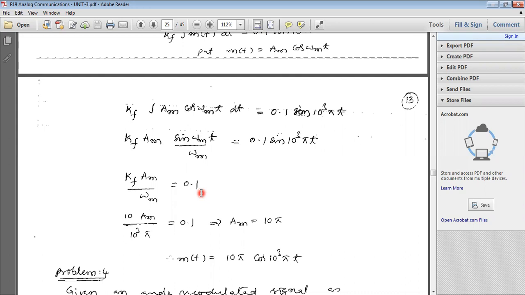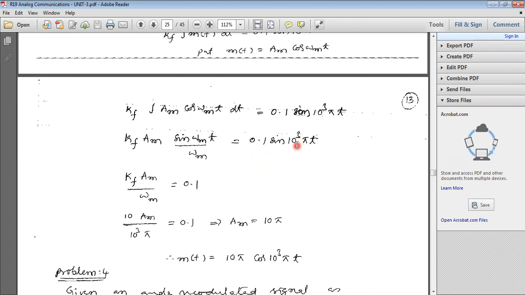Now already he mentioned Kf as 10. Substitute 10 into Am by omega m. According to this, omega m is equal to 10 power 3 pi, so sin omega m t is equal to sin 10 power 3 pi t. So that's why in place of omega m, we have 10 power 3 pi.